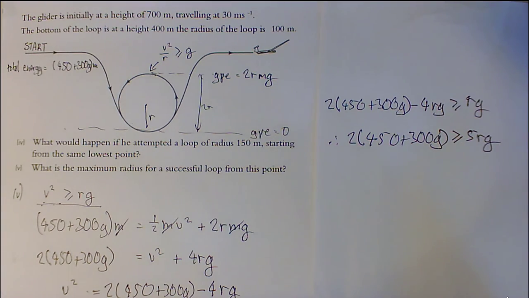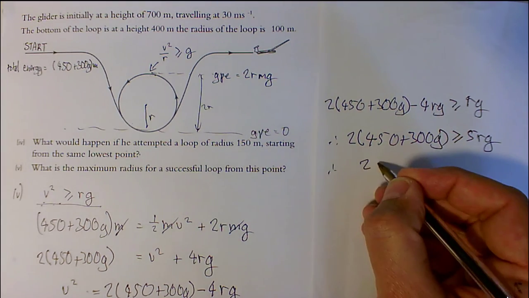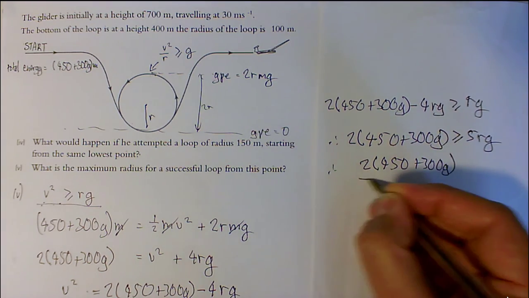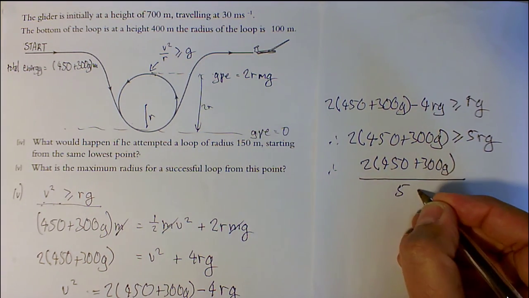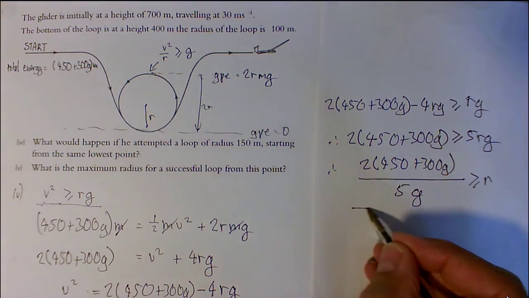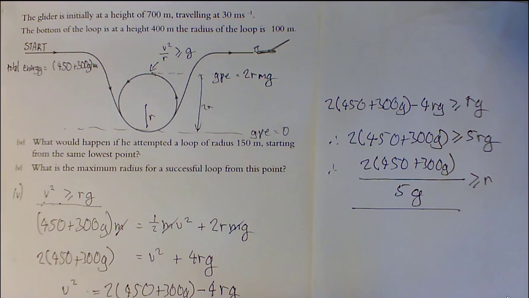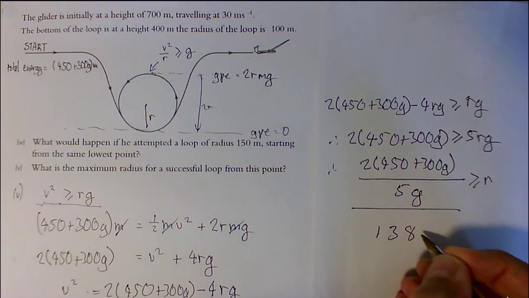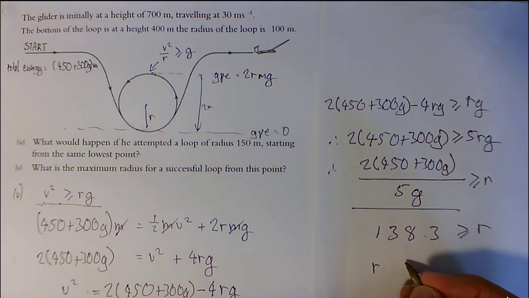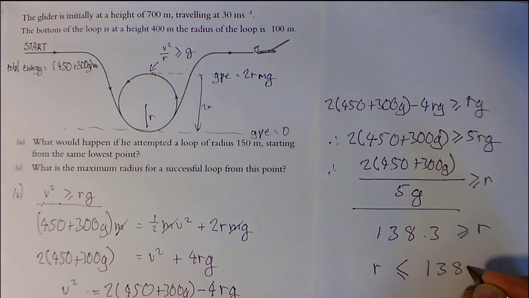I divide through by 5g and find that 2 times (450 plus 300g) over 5g has to be greater than or equal to r. That is my upper bound for r. And if I plug in all the numbers, I get something like 138.3 is greater than or equal to r. I reckon r has to be less than or equal to 138 meters.